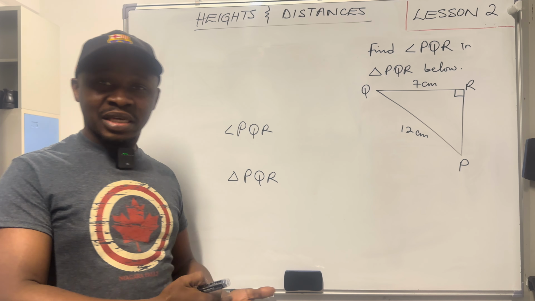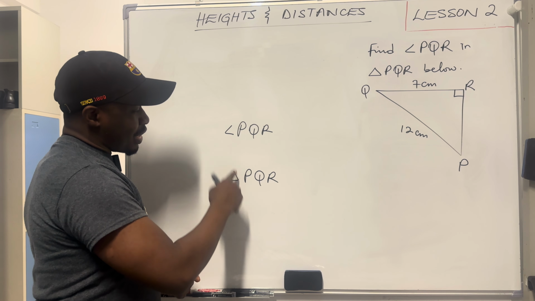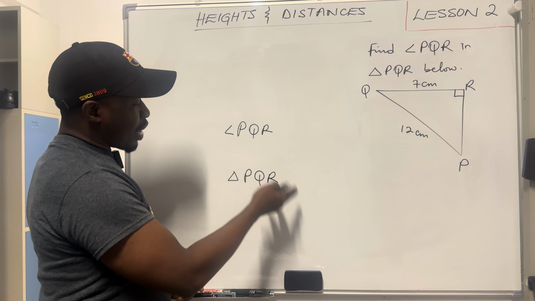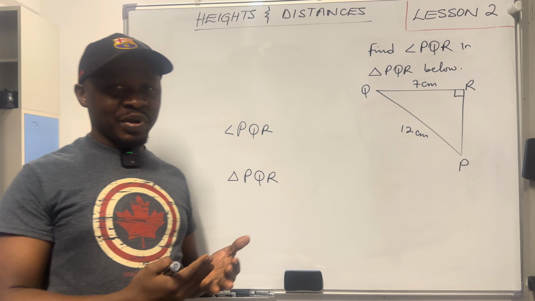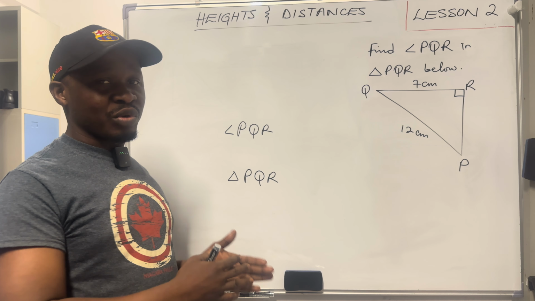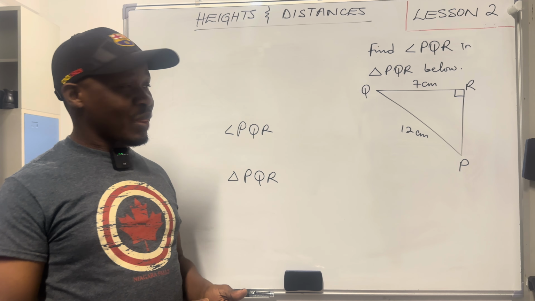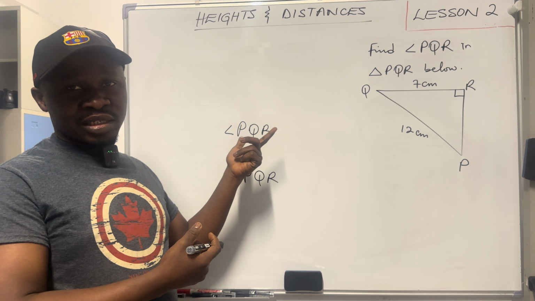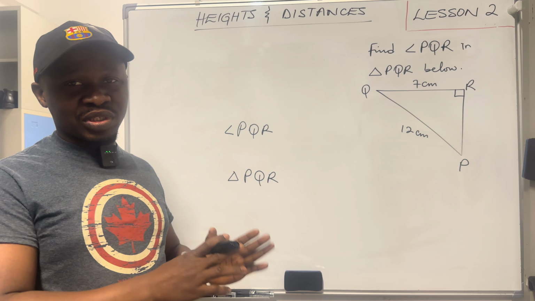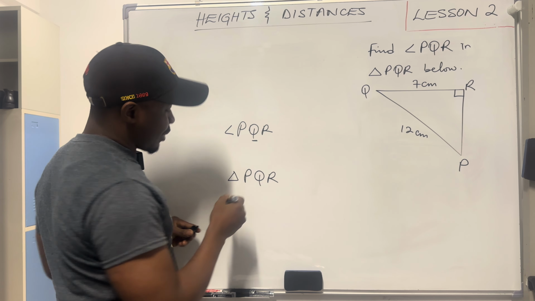The one that prepares the question can even choose to say triangle QPR, triangle QRP, triangle RPQ. So the person that prepares the question may decide to start anywhere. But when you talk about angle using three letters, the order is important, meaning the angle lies at this letter.